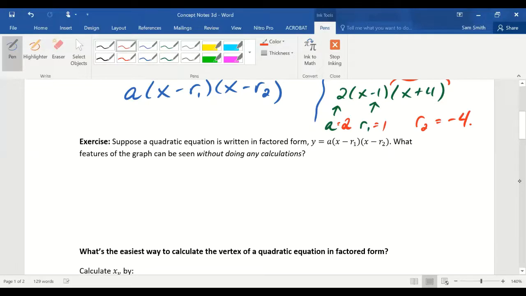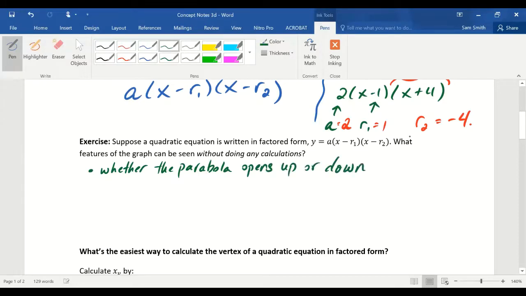We could just read those without doing any work. Now, I claim that if you're in factored form, you can also detect, without any calculations, whether the parabola opens up or down.